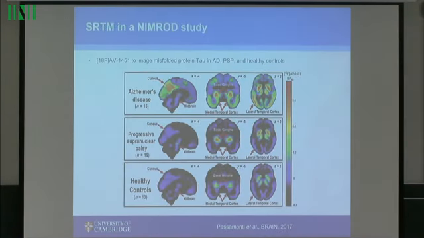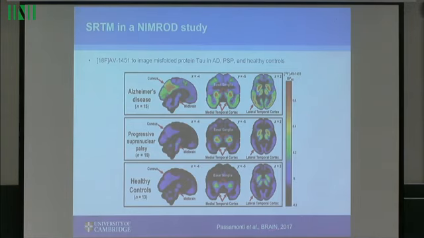This is another example from the Nimrod study that I mentioned before, using 18F AV1451, which binds to the misfolded protein tau. This study was on Alzheimer's disease, progressive supranuclear palsy, and healthy controls. You have the reference here.